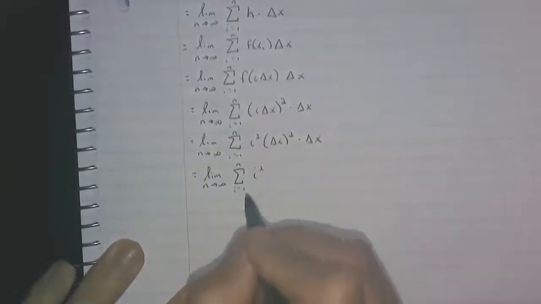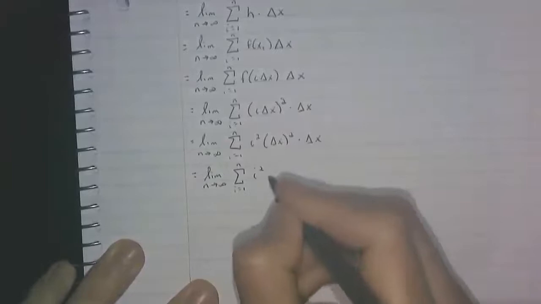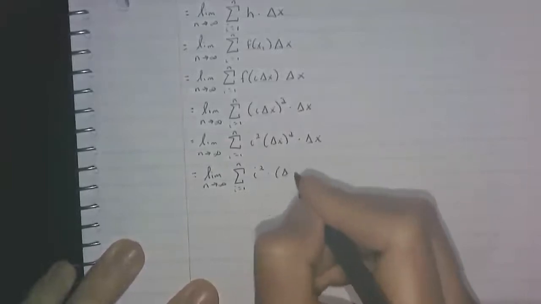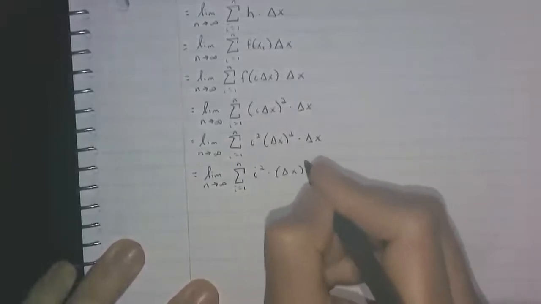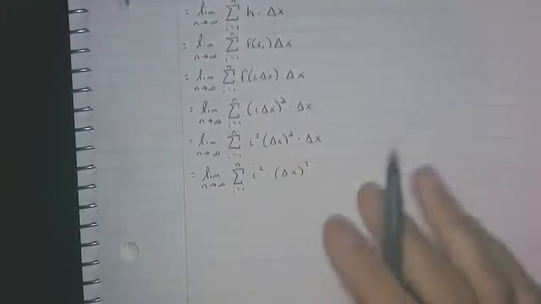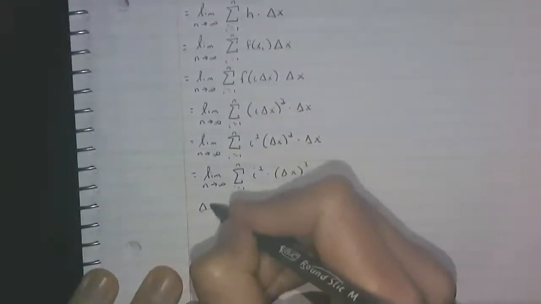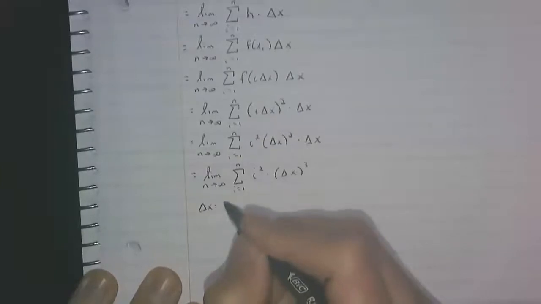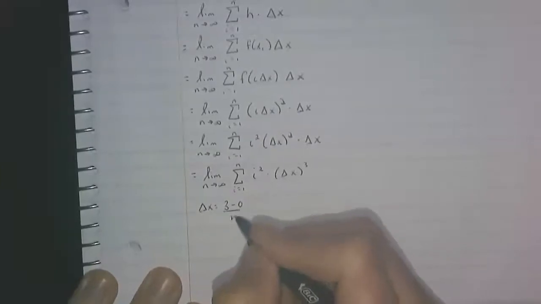So it's the sum from 1 to n of i squared times delta x cubed. Well, delta x cubed is still the same, because delta x is 3 minus 0 divided by n.